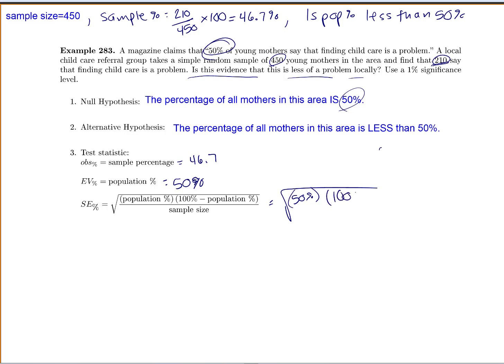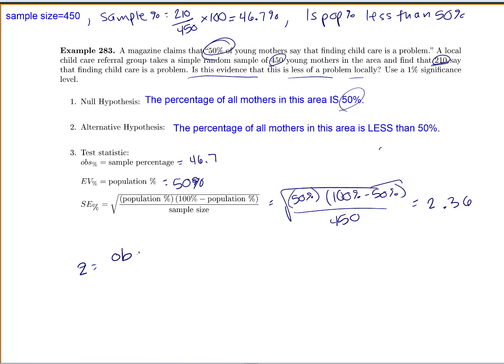Then we'll do 100% minus 50%, all over your sample size of 450. That seems like a very large sample size, so we should definitely be good. Let me double check that. I get 2.36 as my standard error.